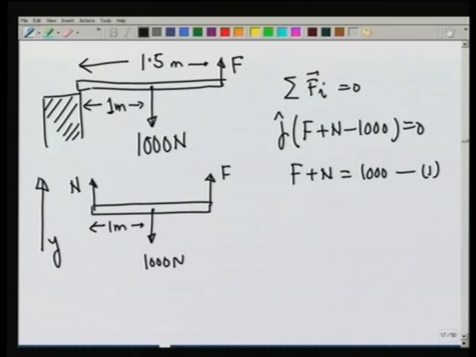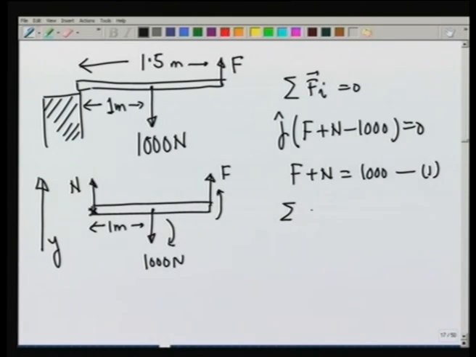On the other hand, torque should also be 0 about any point I take. So, let us take this point about which I am going to take the torque, and then you see that 1000 newtons gives me a torque clockwise, the F gives me a torque counterclockwise, and they should both balance each other.